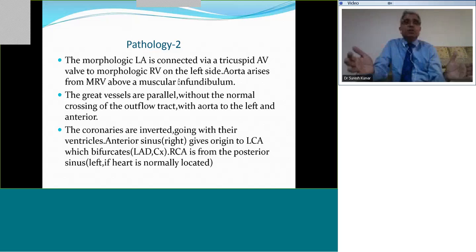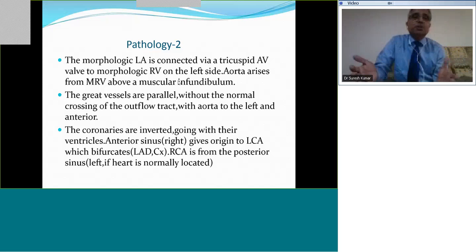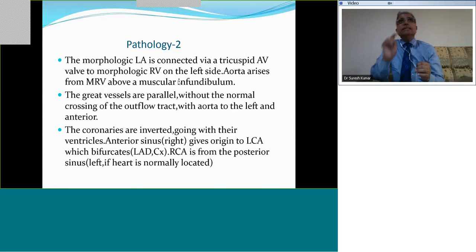This does not happen in corrected transposition, nor does it happen in proper transposition. They are parallel without the normal crossing of the outflow tract. And importantly, in situs solitus, the aortic valve is left and anterior. They are side by side, but slightly anterior. In situs solitus, the aortic valve is left and anterior.